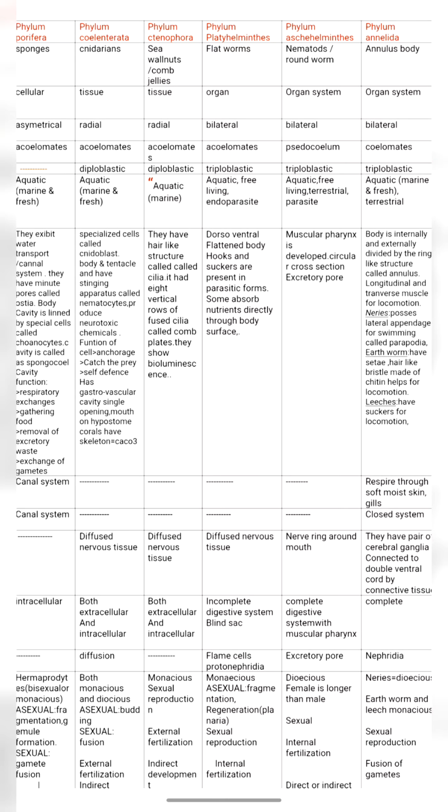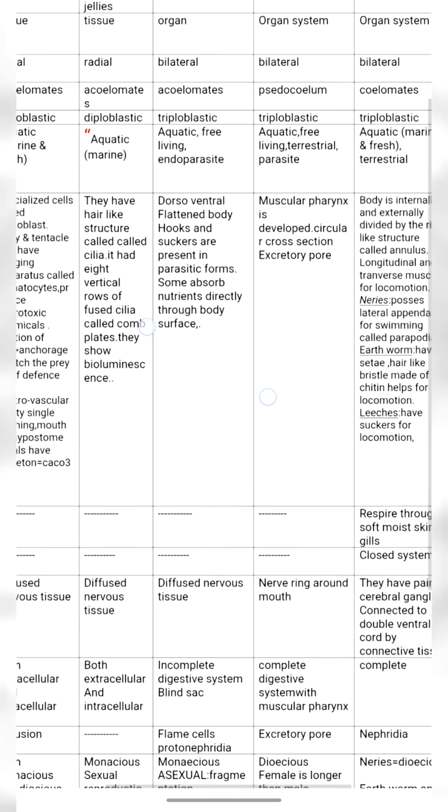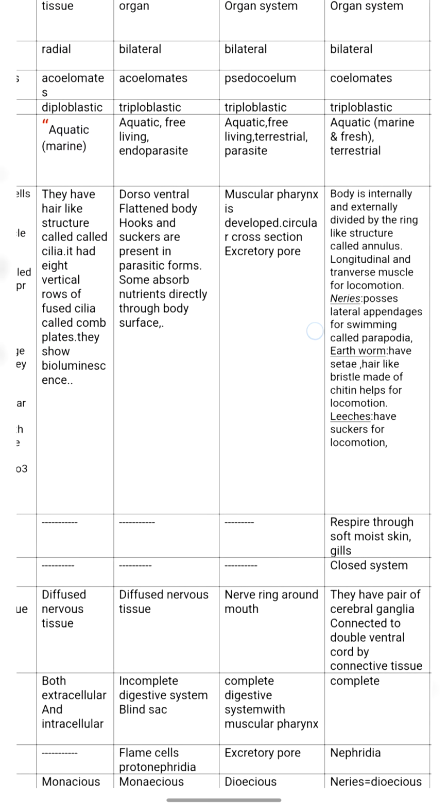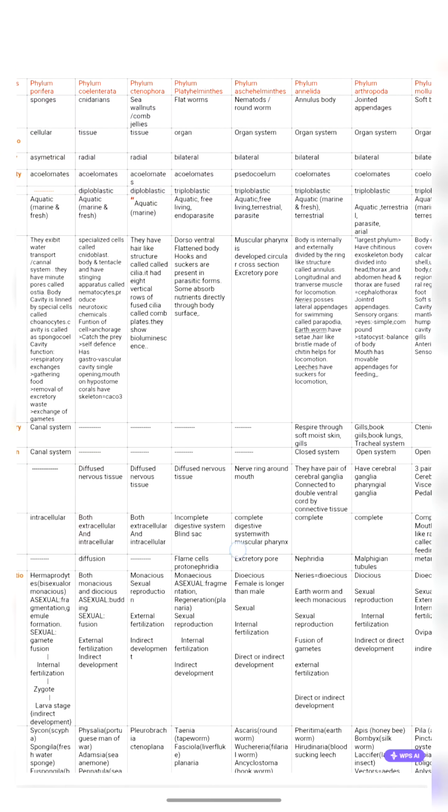Once again, please mark this point as important: muscular pharynx is developed in Aschelminthes. In which organism is the muscular pharynx present? It may come as a match-the-following or multiple choice in your NEET examination. See how many times I have repeated it. Next, circular cross section is there, and also an excretory pore.